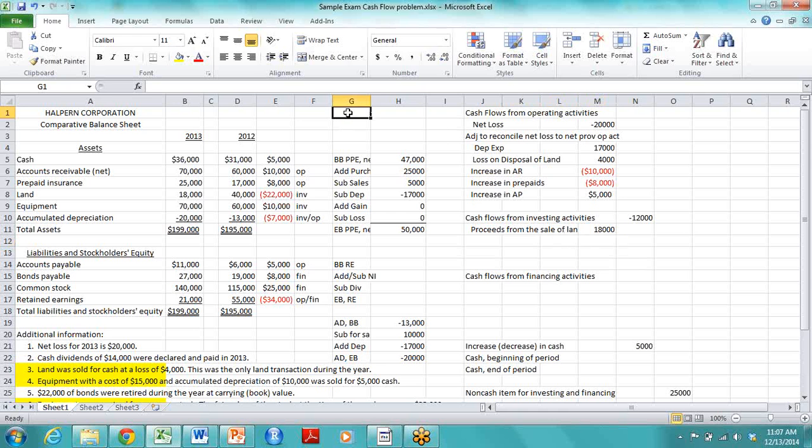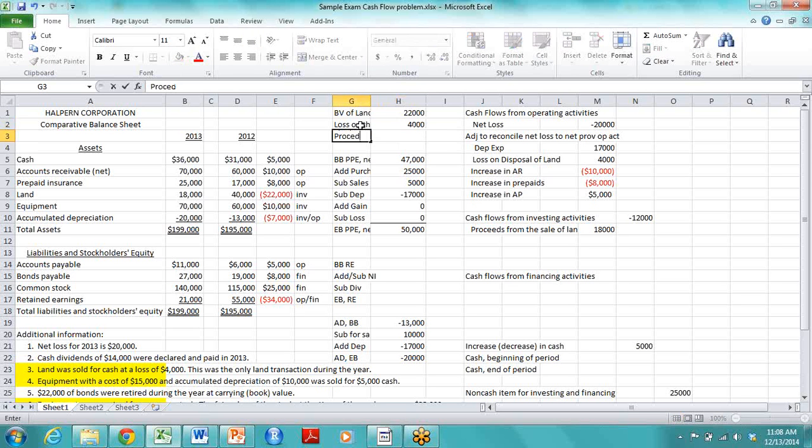So again, our beginning balance of land is $40,000. We can see that the value of the land went down by $22,000. So that must be the book value. Let me do it this way. So the book value of land sold is $22,000. We had a loss on the sale of $4,000.